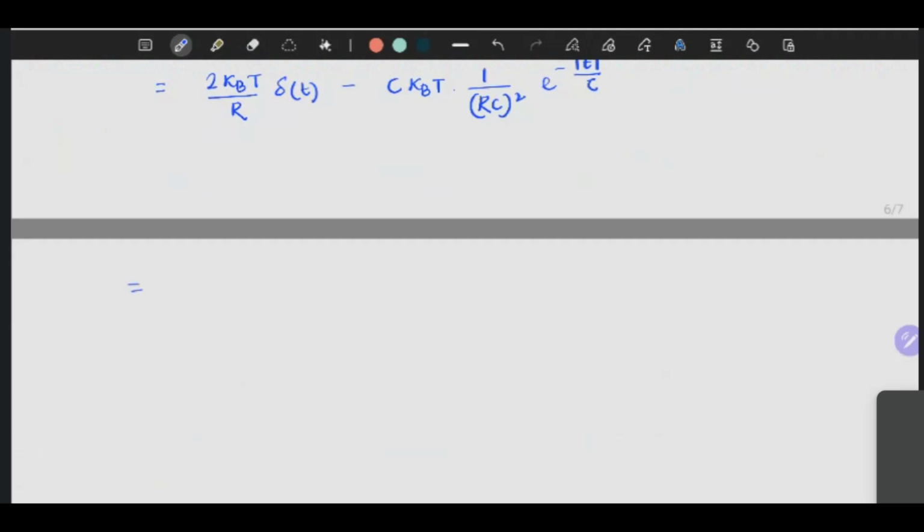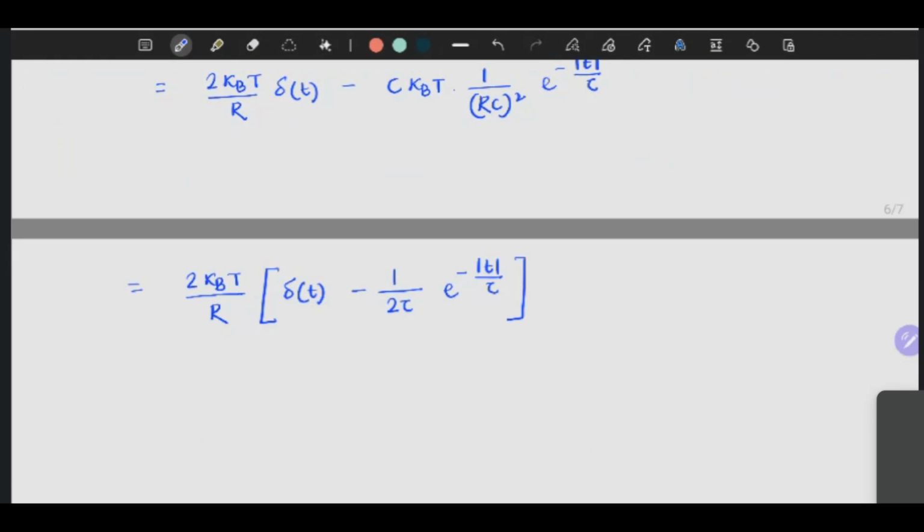If you take 2 kBT by r common, into delta t minus 1 by 2 tau e to the power minus mod of t by tau, c cancels out, and 1 by rc is 1 by tau.